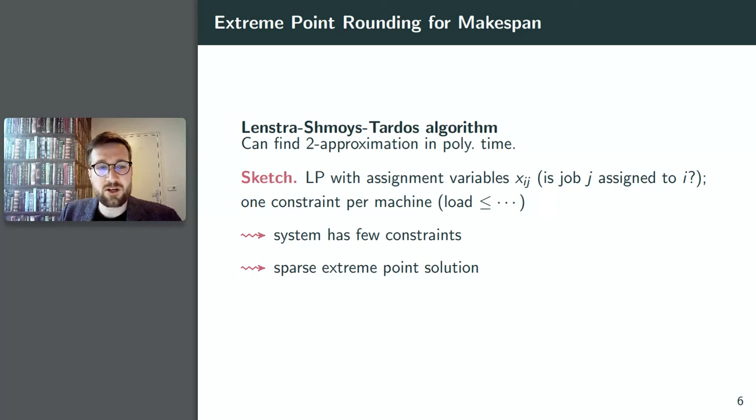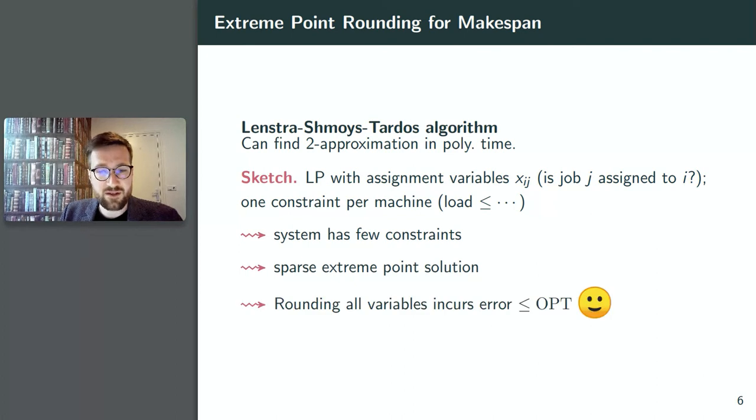This makes it much easier to round the solution, and it turns out that with a few other very beautiful tricks you can round all variables, incurring only an additional error of opt. So you get a total makespan of opt plus opt, which is 2 opt, and that's great.